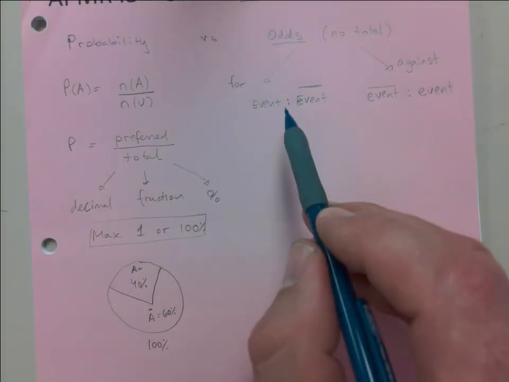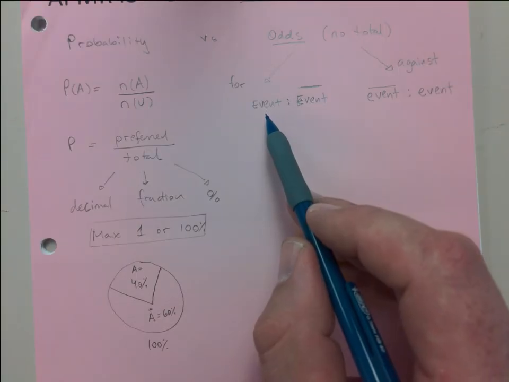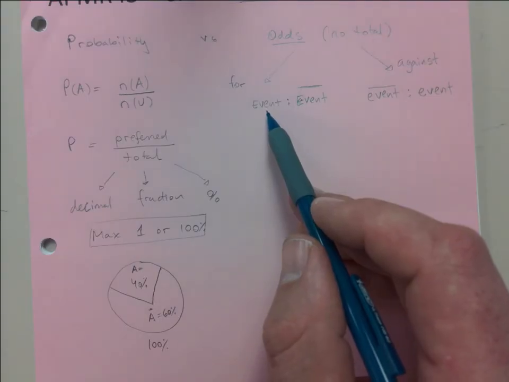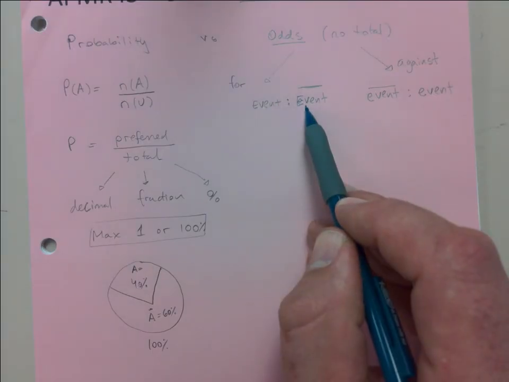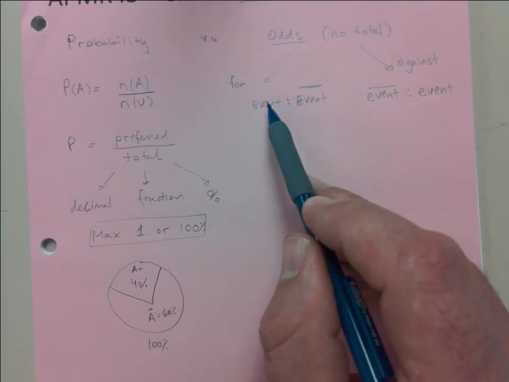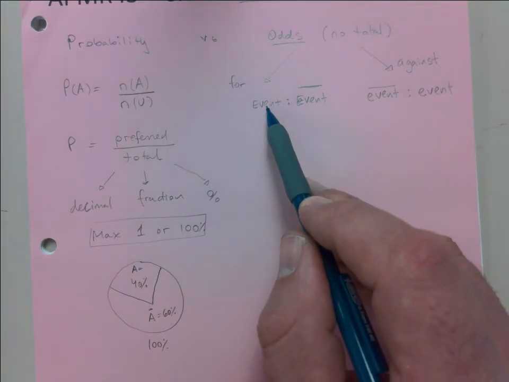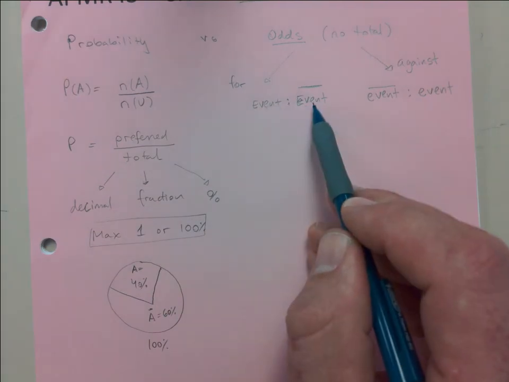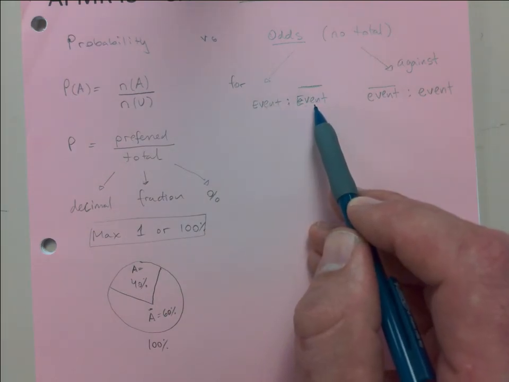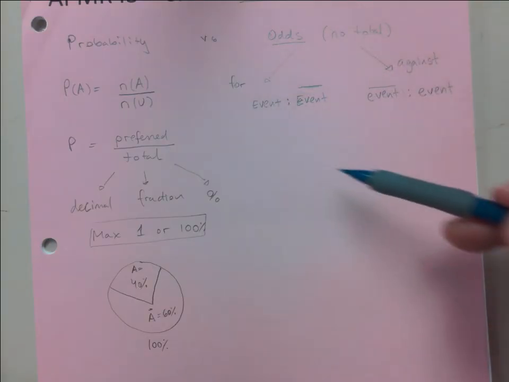No total though. If the probability of drawing a red marble is 2 out of 10, the odds would not be 2 and 10. It'd be 2 and 8, because if there are 2 red marbles out of 10, there are 2 instances where you would get a red and 8 instances where you would not. That's how odds is different.